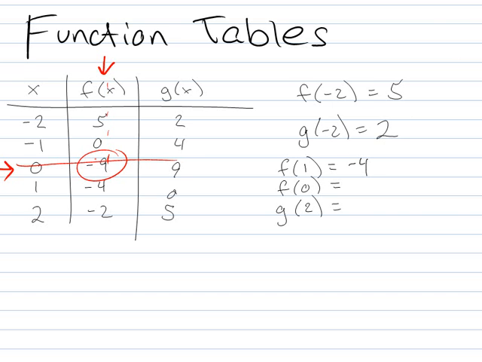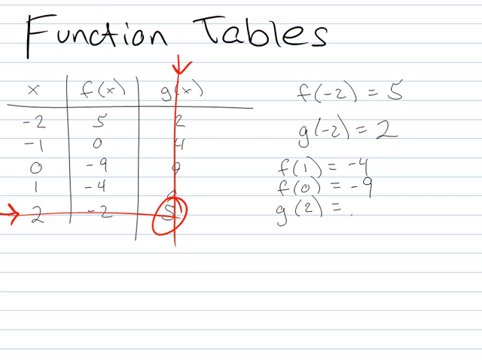They intersect at -9. So f of 0 is -9. G of 2, I'm going to look at the g column in the 2 row, and they intersect here at 5. So g of 2 is going to give you 5.